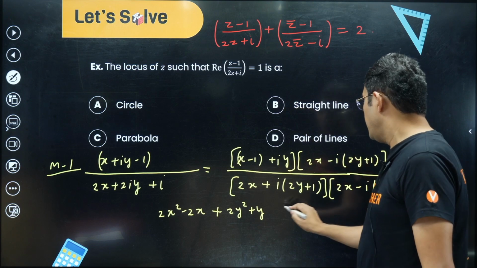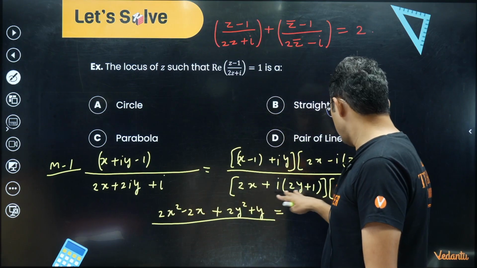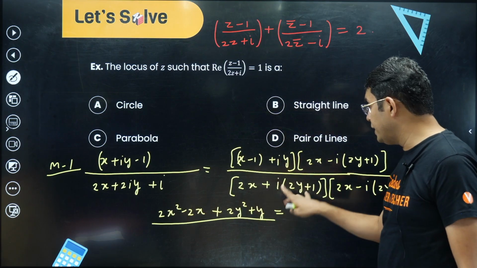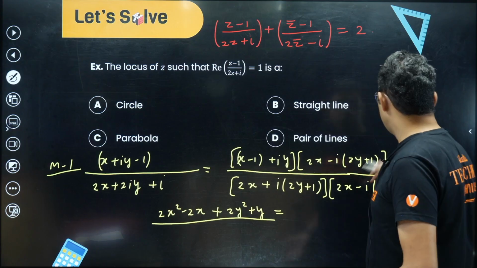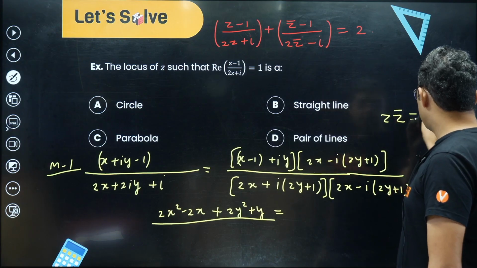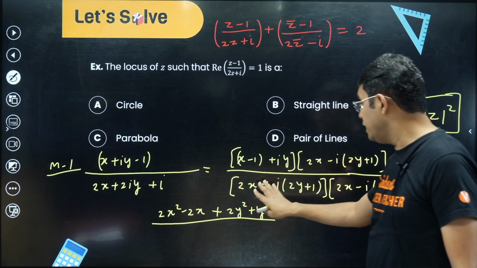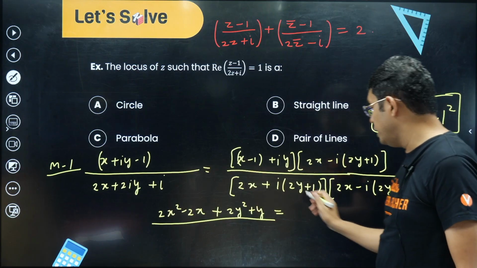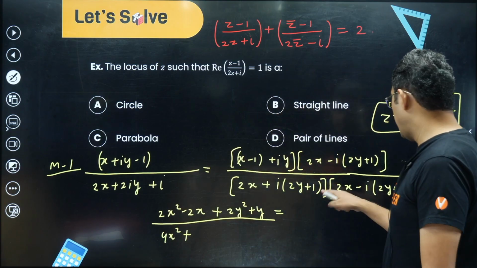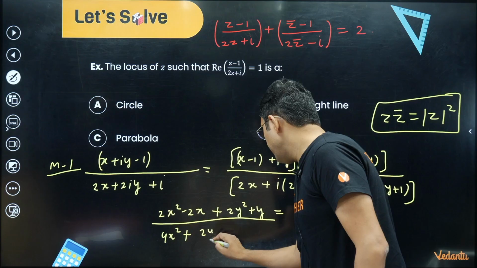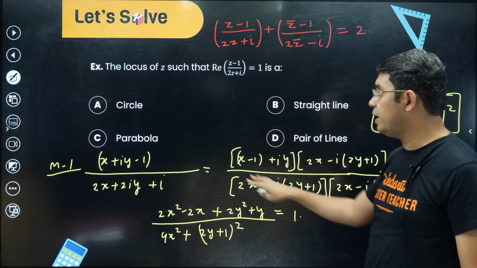Upon this thing, which is actually multiplication of one complex number with its own conjugate. When it happens, we know z into z bar becomes equal to mod z square. Also you can see directly it is in a plus b into a minus b form, so this becomes (2x) whole square, that is 4x square, plus (2y plus 1) whole square, and that is equal to 1 because this is the real part we are looking for.